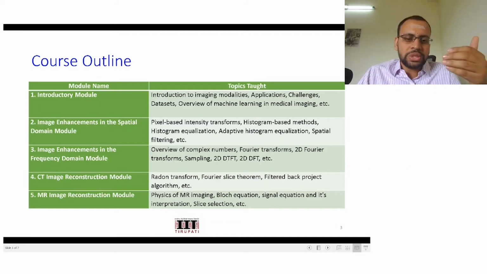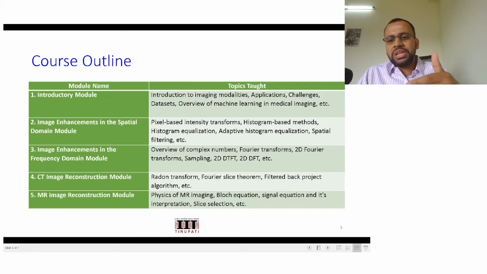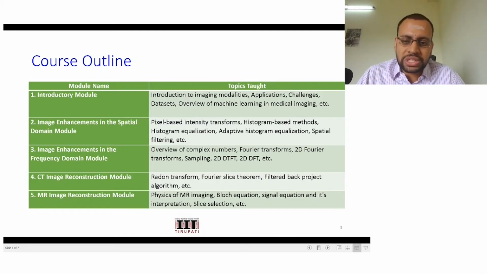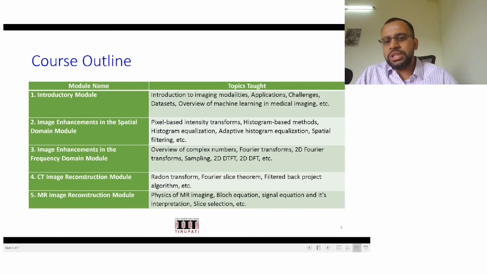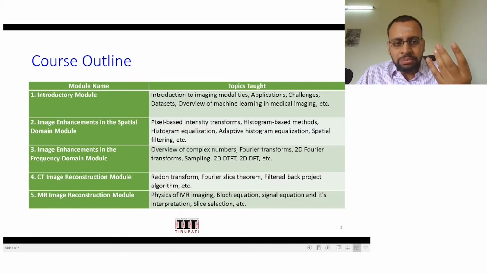Again, this would serve as a basis. Some of these methods and algorithms that we discuss here would be serving as a basis later when we go to the next two modules, CT image reconstruction and MR image reconstruction. In case of CT image reconstruction, we will be talking in particular about the Radon transform, Fourier slice theorem, and filtered back projection algorithm.